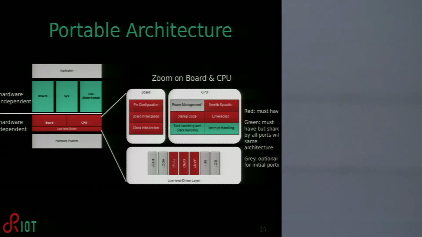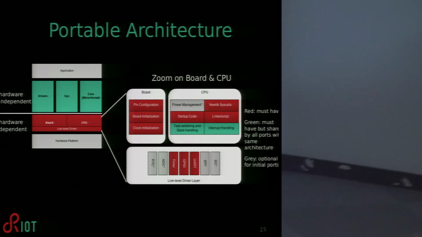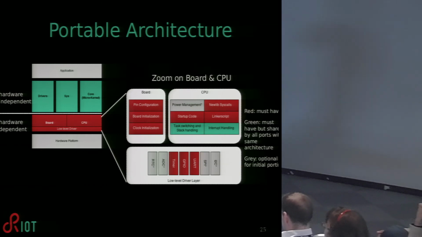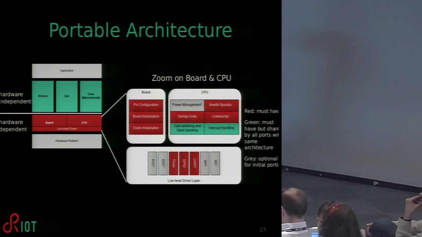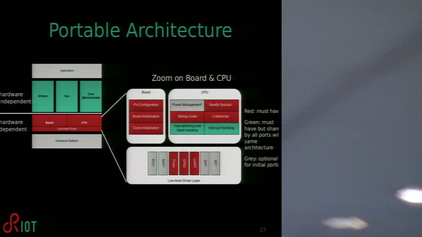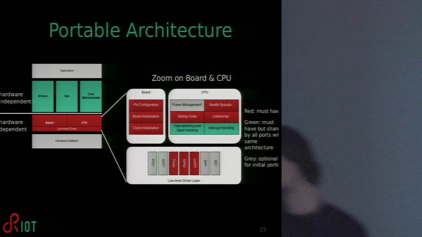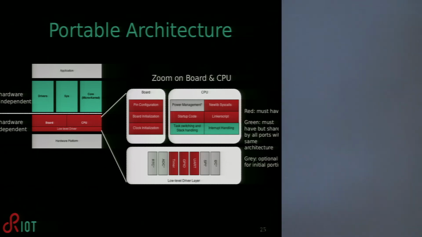So yeah, that's what I just explained. There's a huge part in RIOT, on the left side, the green part, which is completely hardware independent, so you don't need to touch this in order to port it to a new platform. You just need to care about the lower, red part, the hardware abstraction layer. And there again, there are some parts that you don't need to touch if you just go from one Cortex-M3 to another.